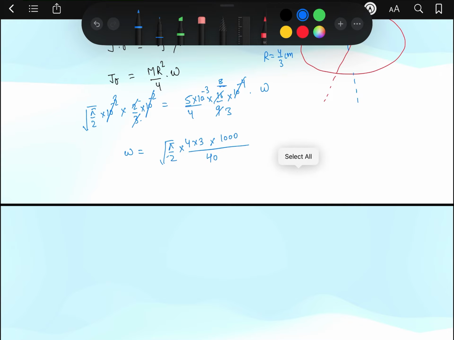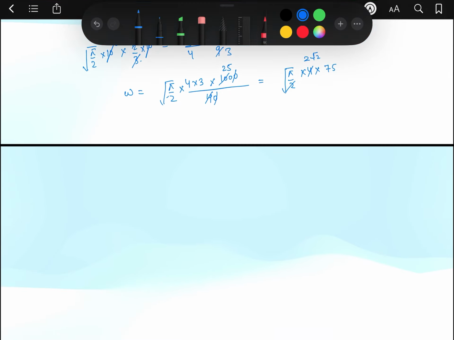Okay, so if I cancel all the terms here, this 4 will be cancelled, here will be 25. So the value of omega will be equal to root under pi by 2, 4 multiply 3, 3 multiply 25, that is equal to 75. This 4 I will be keeping here, this will be 75. This root 2 we can cancel from this 4, that will be equal to 2 root 2.